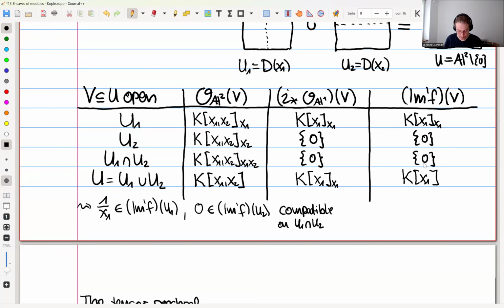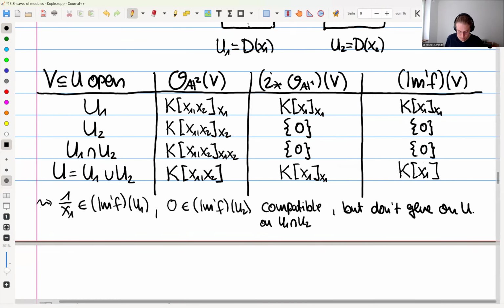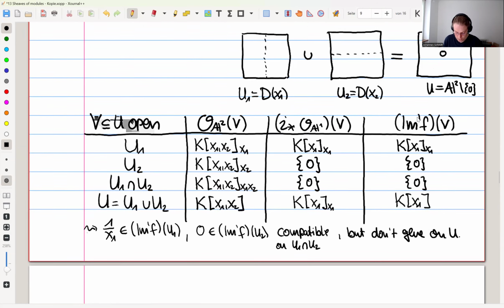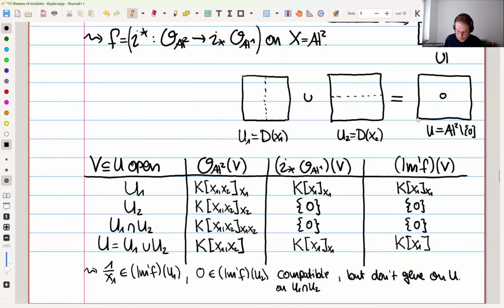So they are compatible on the overlaps, but they don't glue on U, because there's no element in k[x1] which maps to 1 over x1 on here. And so this is a concrete example showing that this image presheaf is not a sheaf.